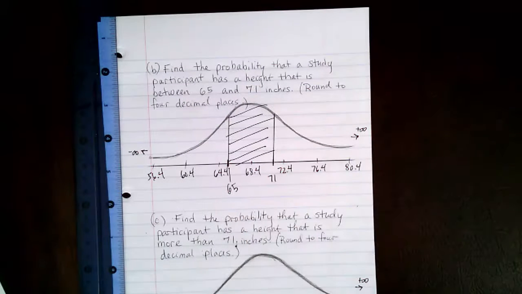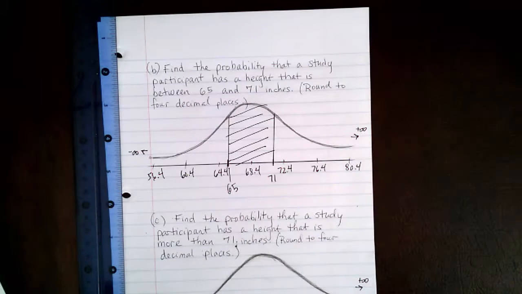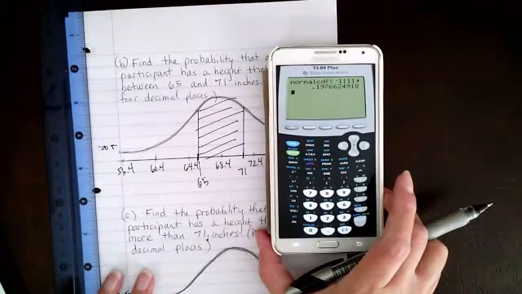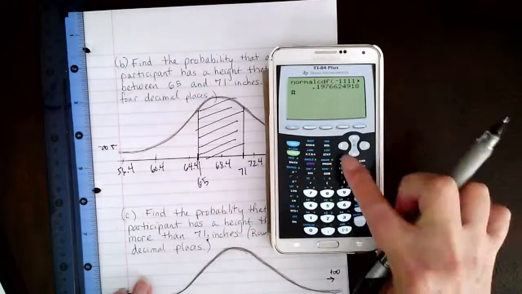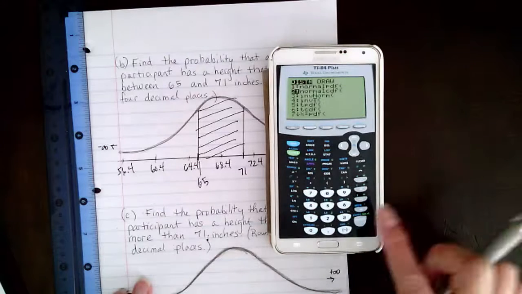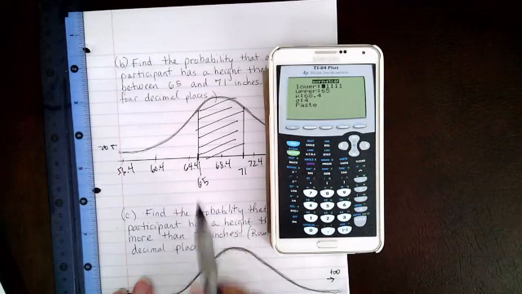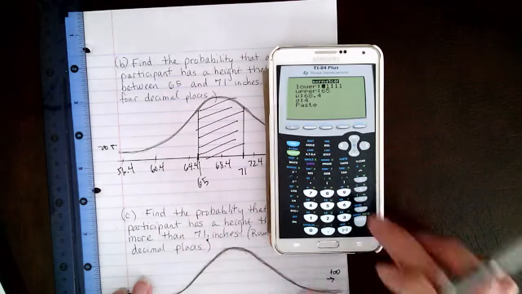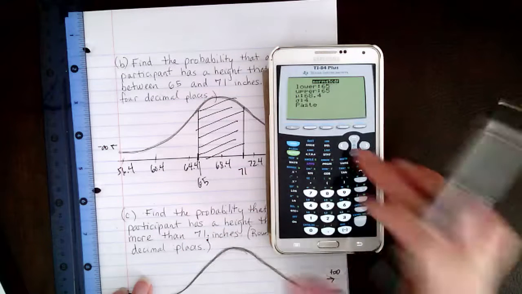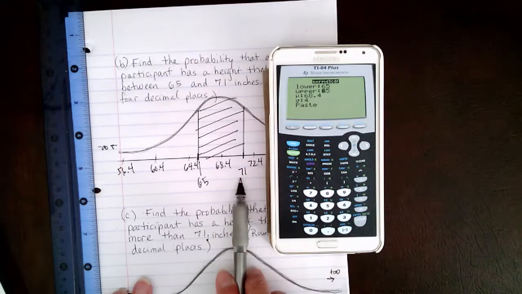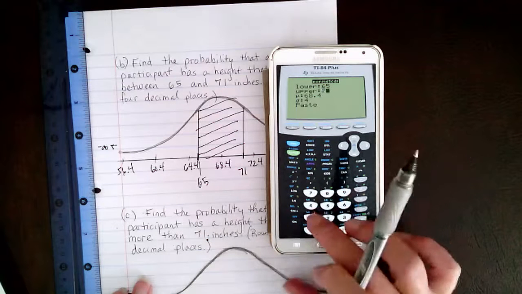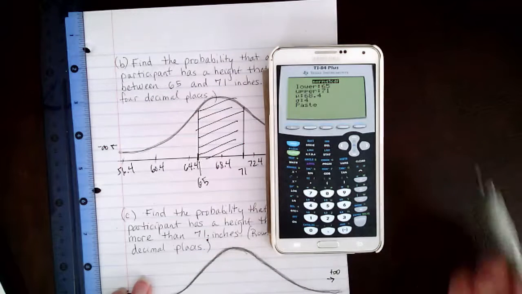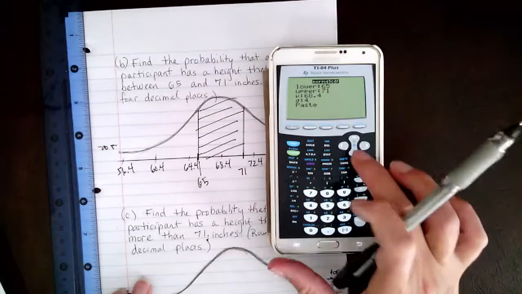And I'm going to find it on the calculator. So I'm going to use the normal CDF function again. Second distribution, normal CDF. The lower limit this time, the left-hand side of this area, is 65. The upper limit is 71. The mean of this distribution is 68.4, and the standard deviation is 4.